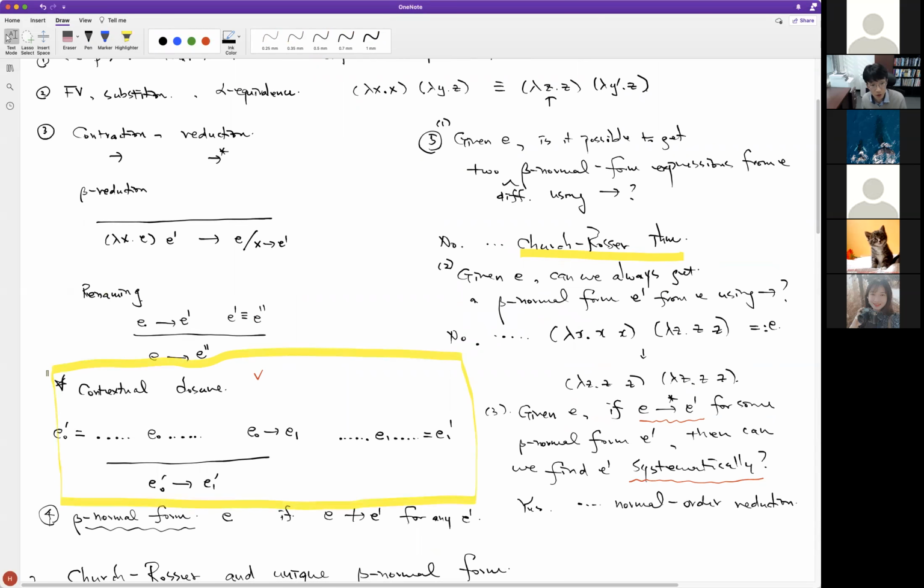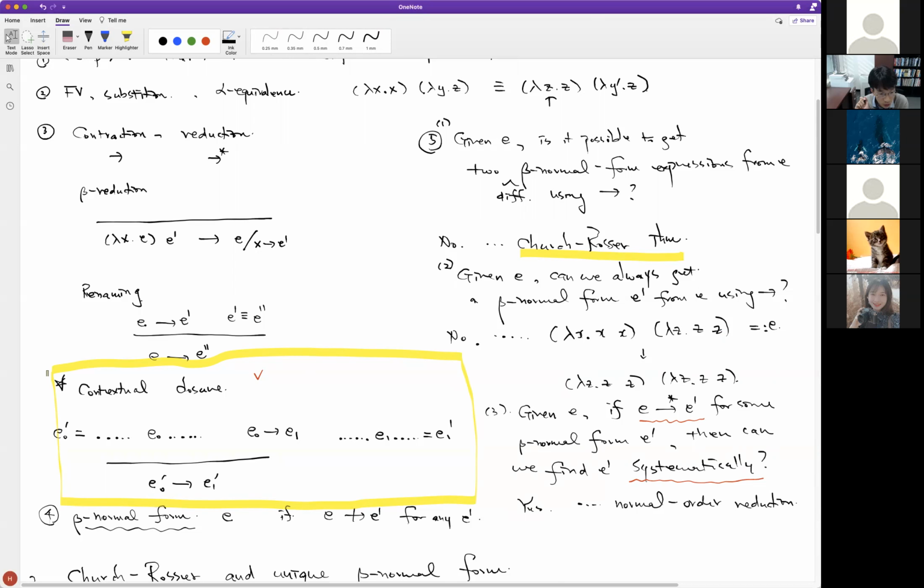Because this contextual closure tells us, if you combine all of them together, given E0 prime, pick any beta redex in E0 prime, which is any sub-expression that is a beta redex, and contract this. But normal order evaluation says you can't really pick anything.